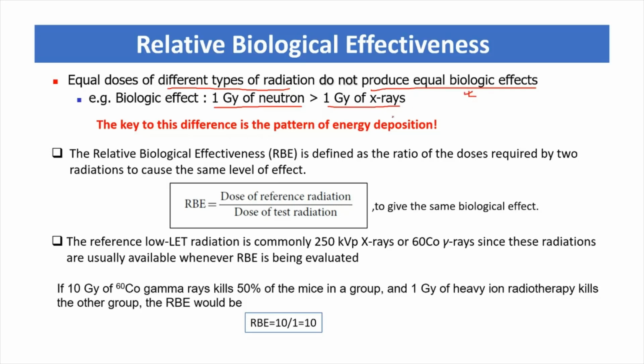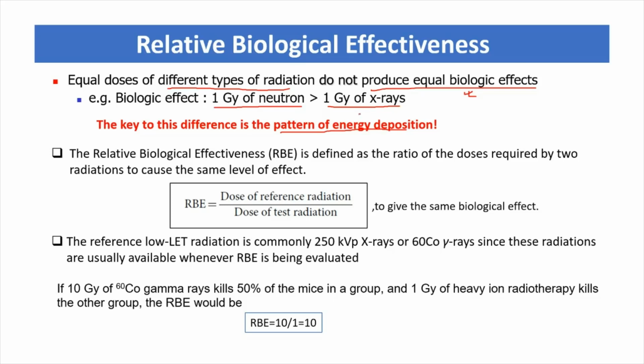The main reason for this difference is the pattern of energy deposition, that is, the way neutrons deposit energy in the system and the way X-rays deposit energy in the system are not equivalent. And that's the main reason why equal doses of different types of radiation do not produce equal biological effects.